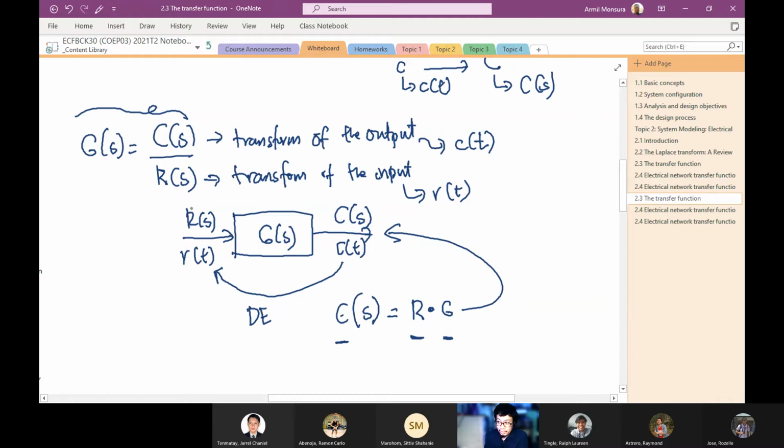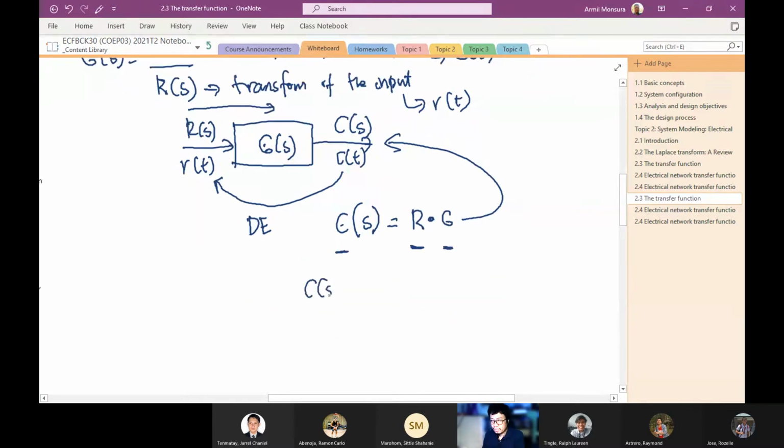Okay? Kita nyo yan. Kasi kapag binasa nyo yung block diagram nyo from here to here, makikita nyo na parang ang impression is that para makuha nyo itong output na to, kailangan nyo i-multiply itong signal at saka itong system para makuha nyo yung transform ng output nyo. But then again, I would like to point out that this C of S is the transform of the output. And it is not the output itself. Okay?